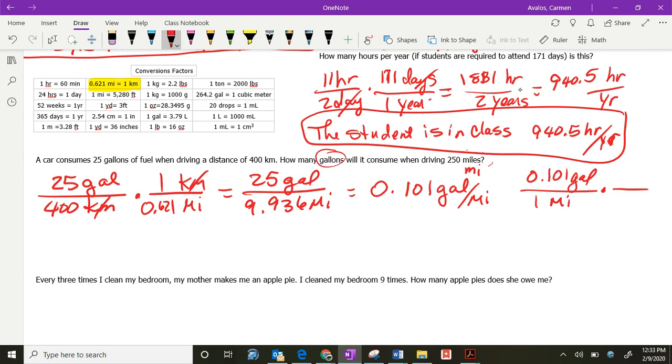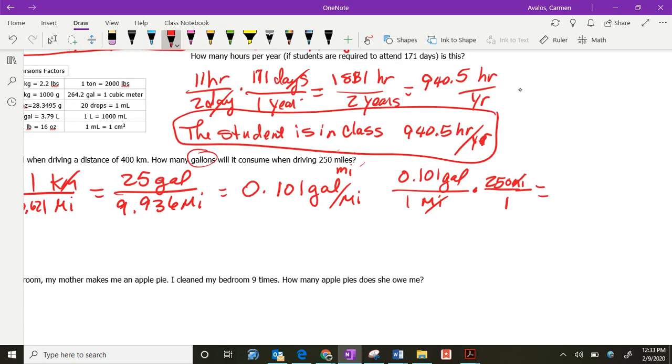And so how many miles do we want? We want 250 miles over 1, because I don't want the gallons to go away. I just want the miles to go away. And so then I end up with, when we multiply them out, about 25.161 gallons, because that's the only units left.